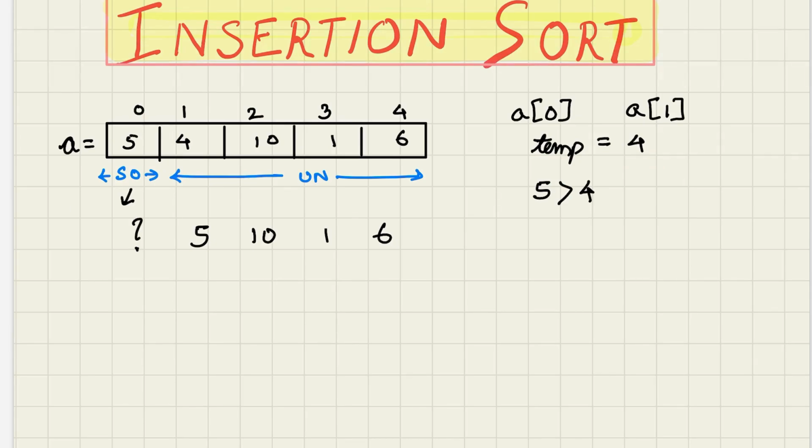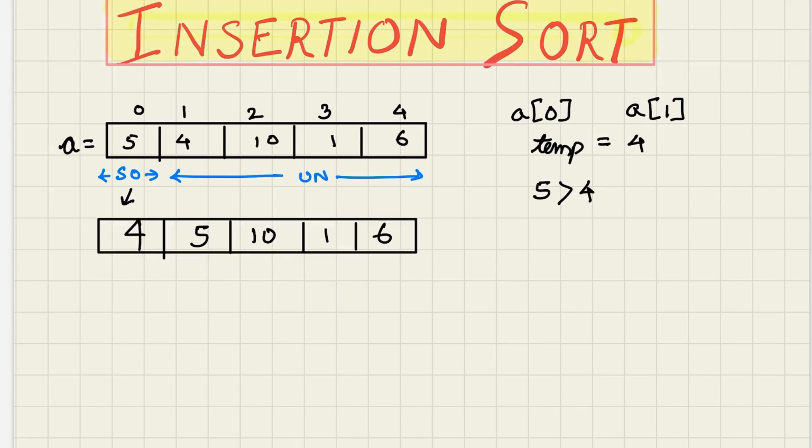I will check whether I can place this 4, which is stored in our temporary location, at A of 0 or not. There are no elements left on the left side of it, so I can go ahead and put this 4 at my A of 0. So in my first iteration, this will be completed.